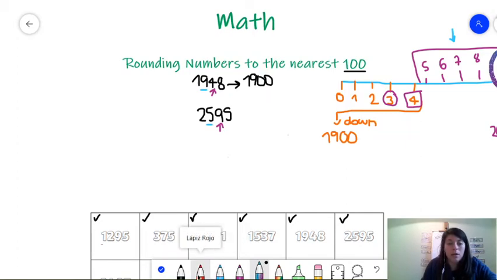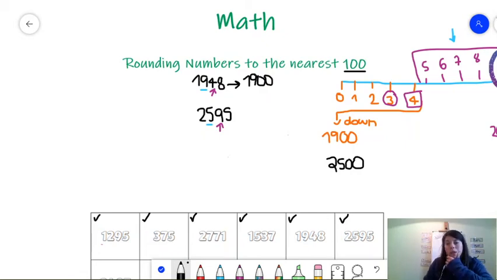Now, what is the nearest hundred that I can do that? Well, down would be 2,500. And 2,500 plus 100 is 2,600. Now, because my 9 is a high number, this one has to change to the nearest hundred that goes up. So 2,595 is rounded up to 2,600. Okay?